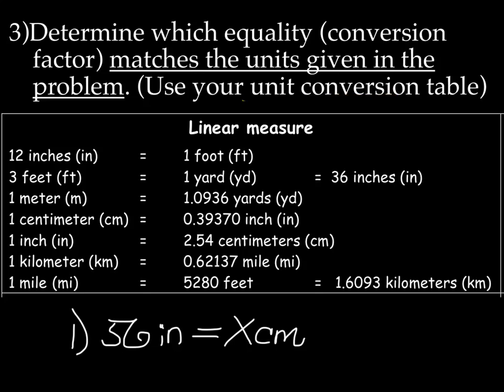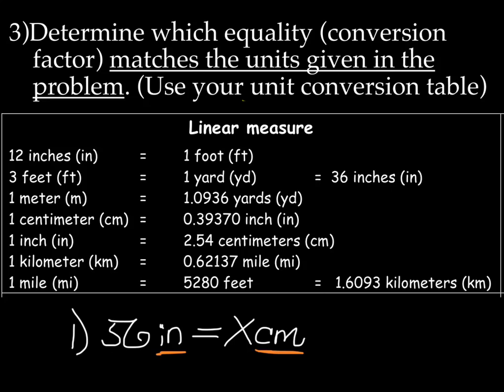Okay, now let's do step 3. Again, step 3 says we need to determine which equality or conversion factor matches the units given in the problem. That's the one we're going to use. So I wrote step 1, which is our math problem, down below. And we have the units inches and centimeters. So we're going to look through our unit conversion table. I actually just put on the page the right one to look at, but you might have to search a little bit more.